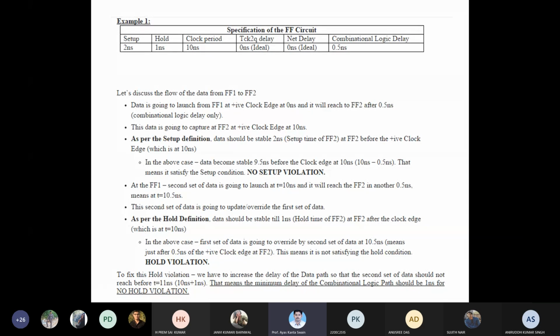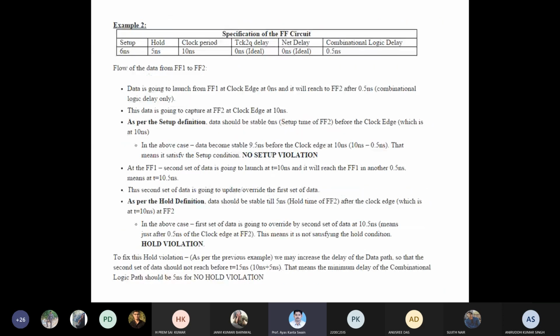So here both can be fixed by varying the combinational logic block or something like that. But in this case, when you are having 6 plus 5, it is 11 nanosecond, and setup and hold itself becomes more than clock period. So sometimes you may encounter a non-fixable violation here.